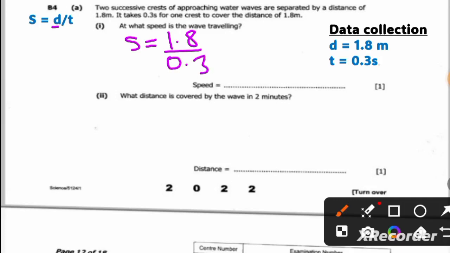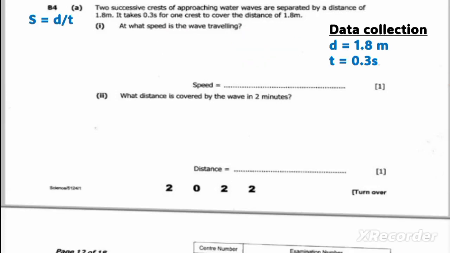If we do the calculations, we are going to get 6. So speed is equal to 6 meters per second.